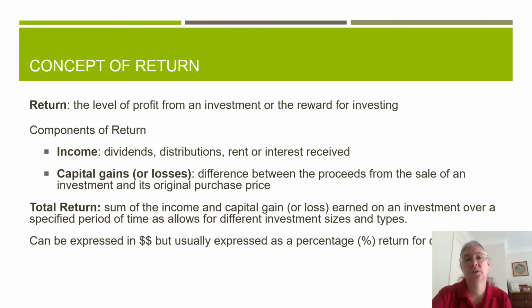So the total return that you've made on your investment, we add up the income and we add the capital gain, or if there's a loss, you'd have to subtract it. So that's the total of your return. We could express this in dollars. It's more common to talk about it as a percentage so that you can compare it to your other investments.